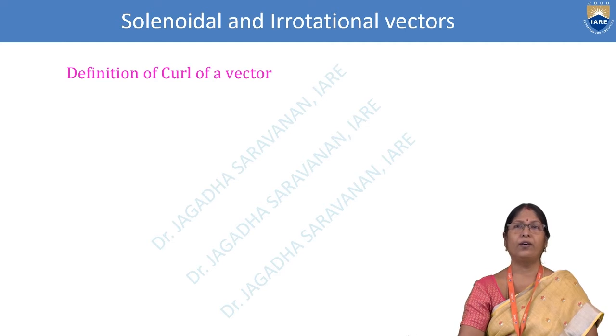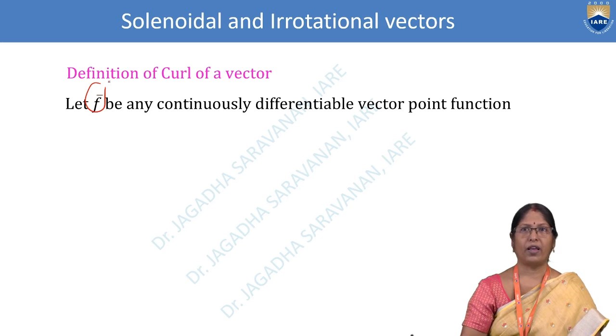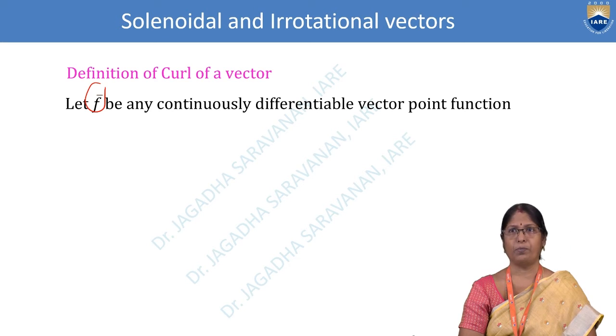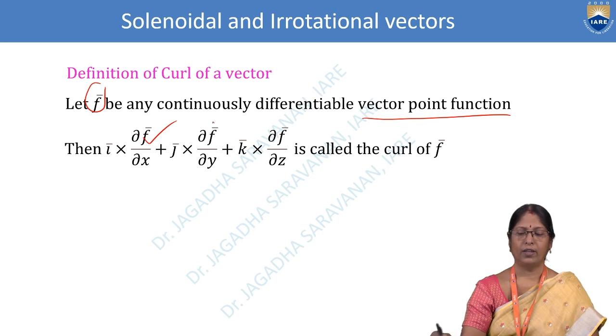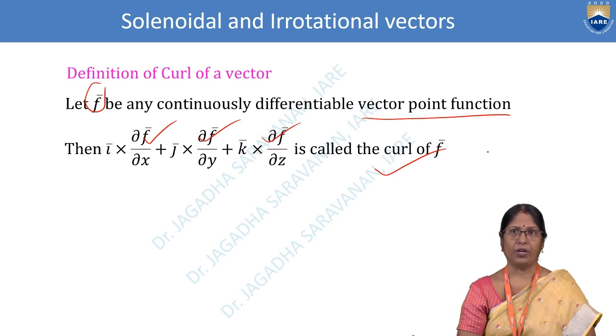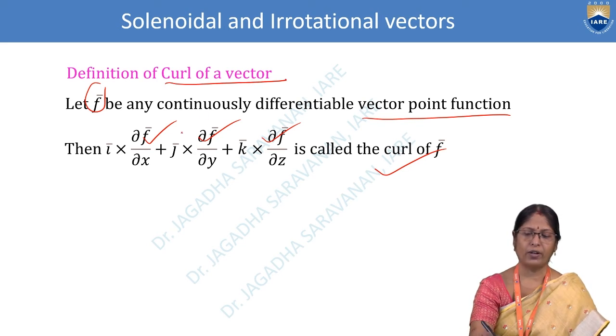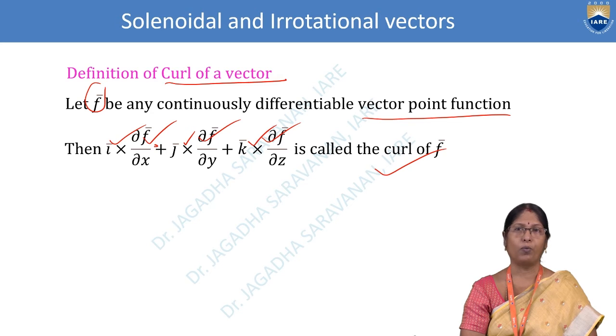The next one is the definition of curl of a vector. If the given vector f is continuous, differentiable, and a vector point function, then i cross dou f by dou x plus j cross dou f by dou y plus k cross dou f by dou z is called the curl of f vector. Curl of a vector has the cross product playing the role, whereas divergence, as we just discussed, has the dot product.